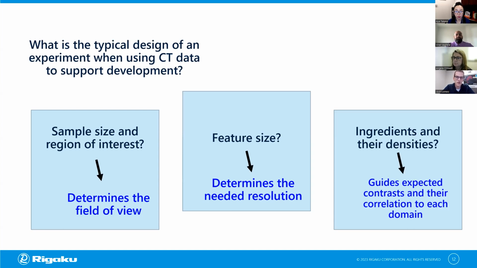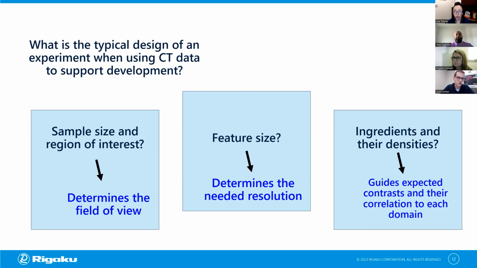And then the last component here is, what are the ingredients in the tablet or drug product and what are their relative densities? This is going to guide our expected contrast that we see within the CT scan. We're looking primarily at the difference in density as well as higher atomic Z numbers.